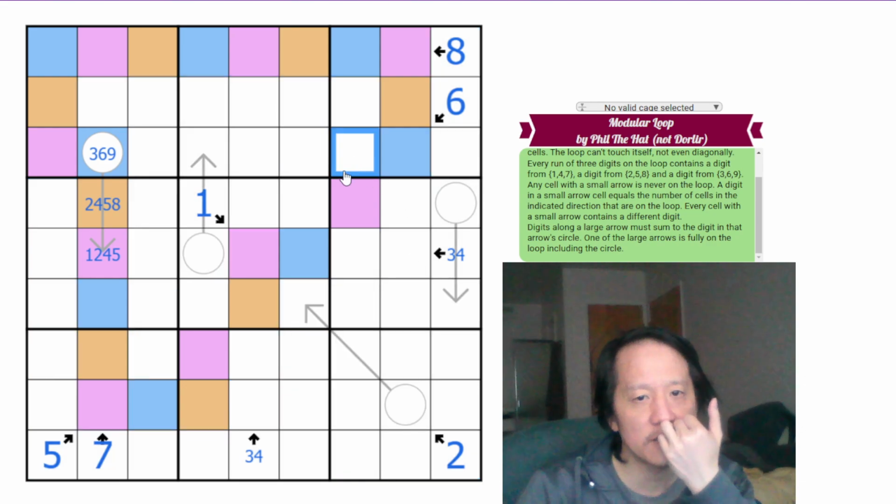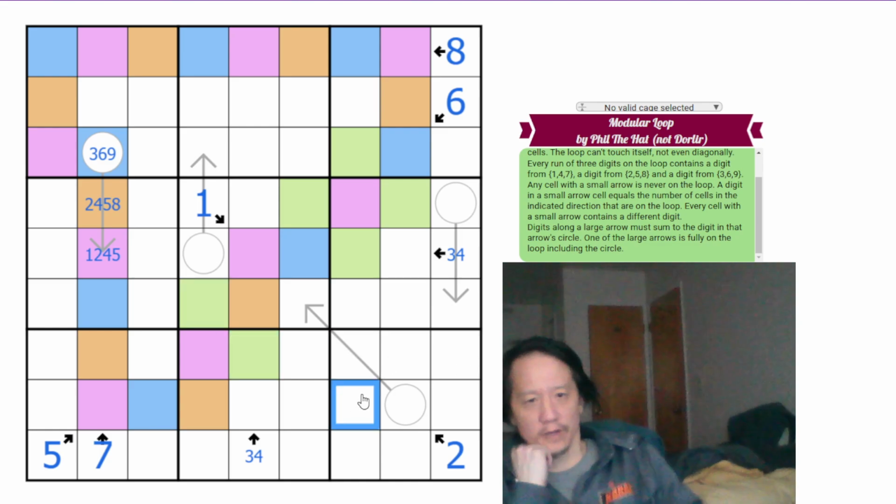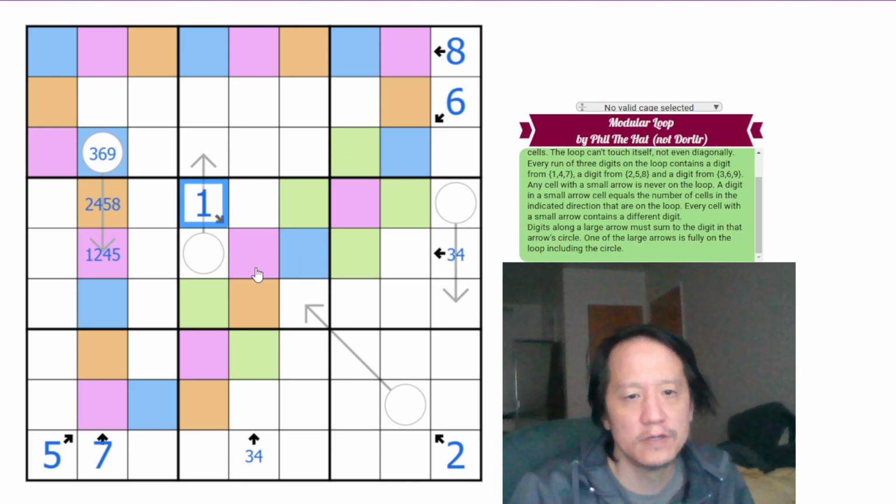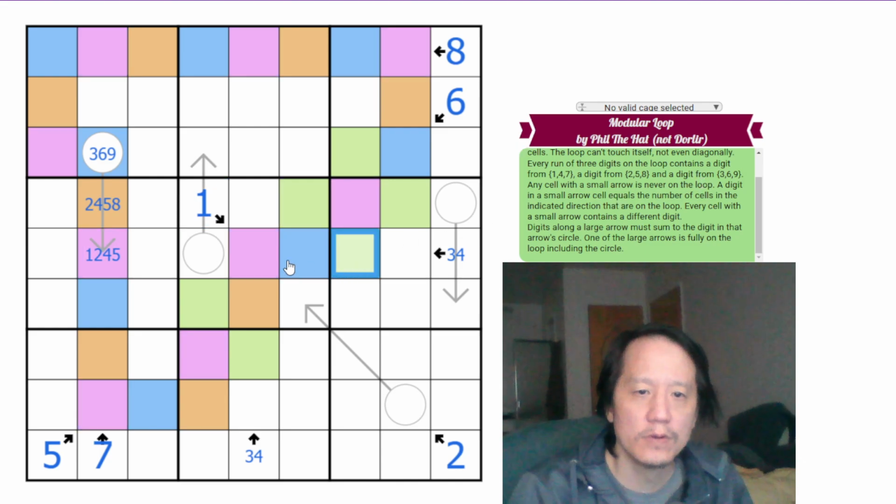So I'm going to just remove that and then highlight the possibilities. Okay. This is 1. Okay. This is pink and pink.